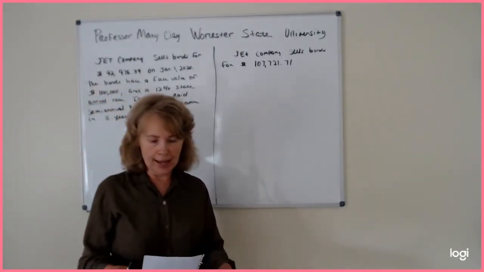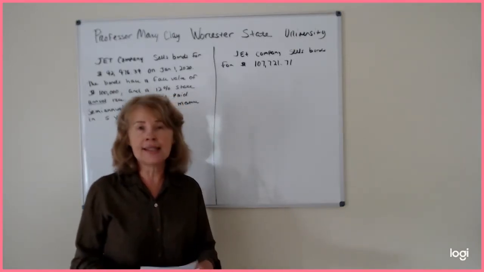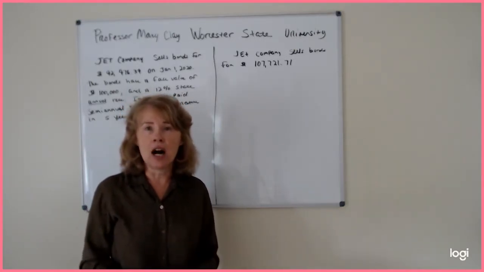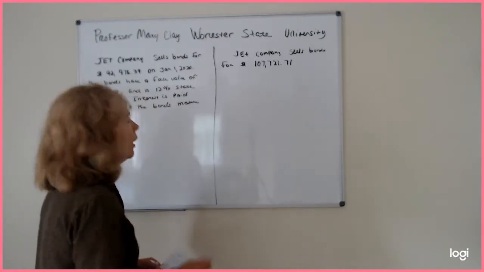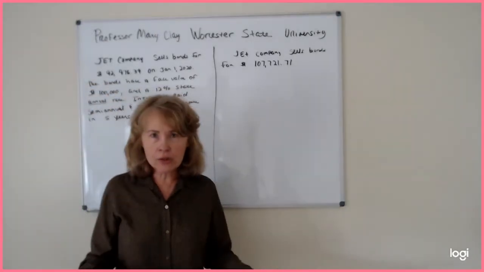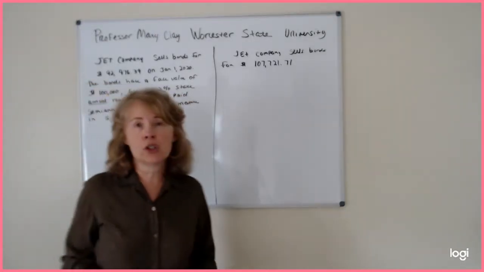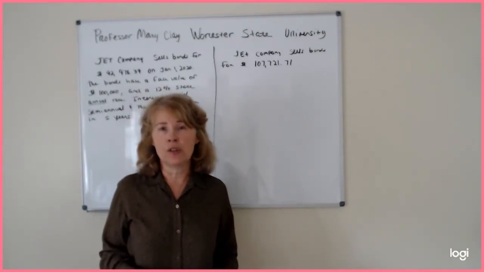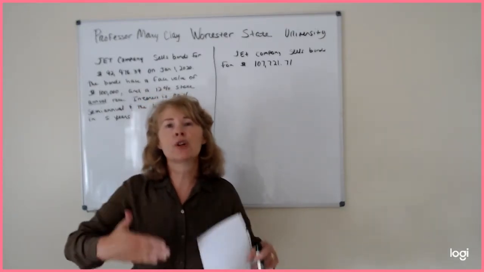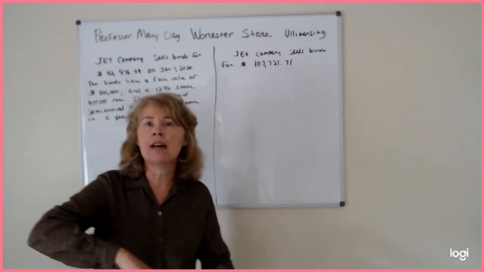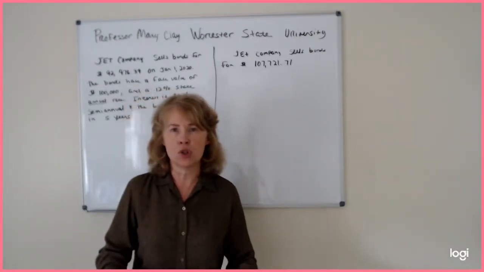Next question they asked, what is the date that it will be paid off? All right, so again, use your fingers. January 1st, 2020 is when they issued the bond. That means they have the whole year of 2020.